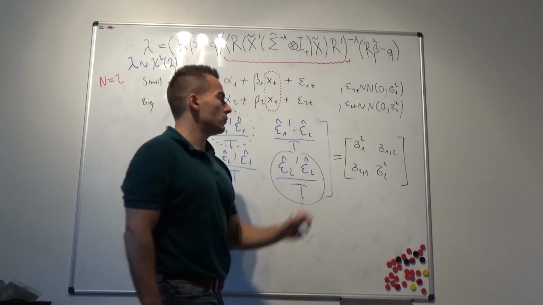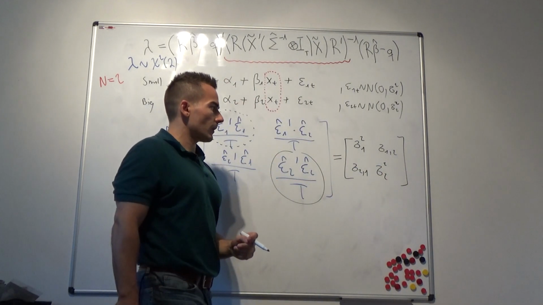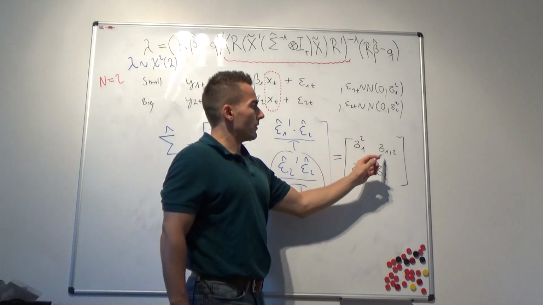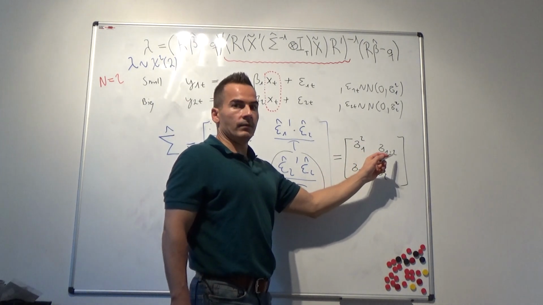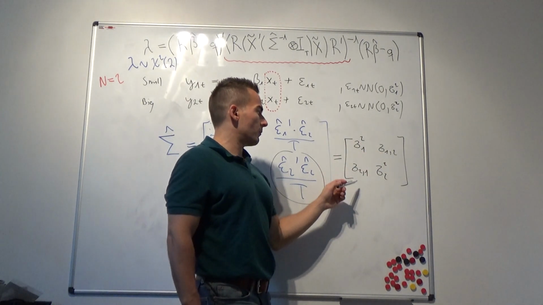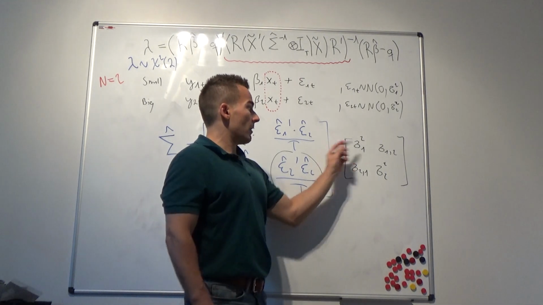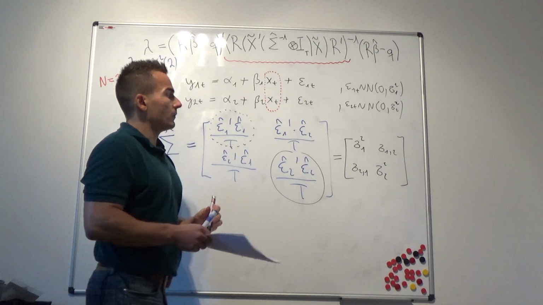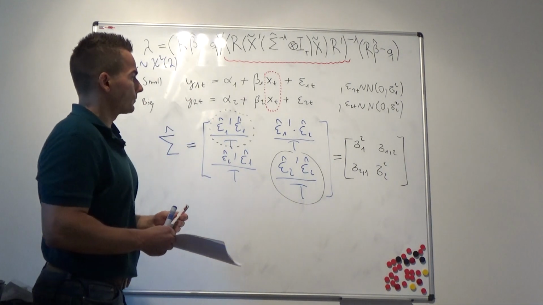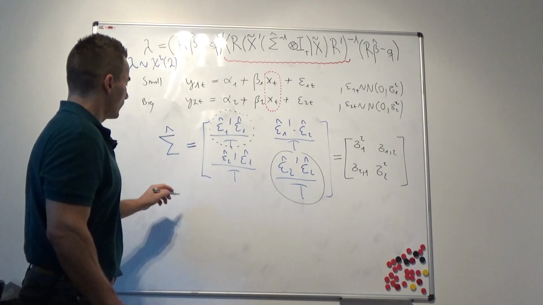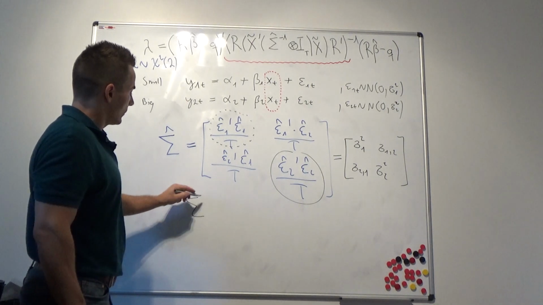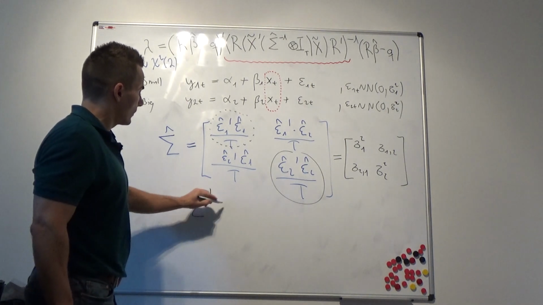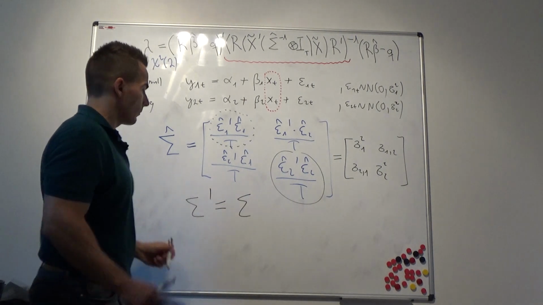So that's a 2 by 2 matrix. Of course, the covariance between the first and the second residual is the same as the covariance between the second and the first. So the elements above and below the main diagonal are the same, so it's a symmetric matrix. And symmetric matrix means sigma transposed is equal to sigma.